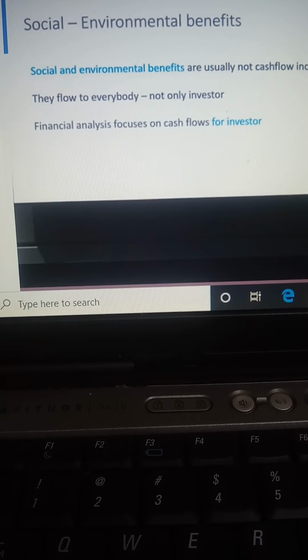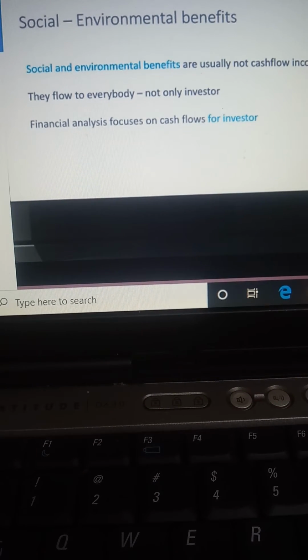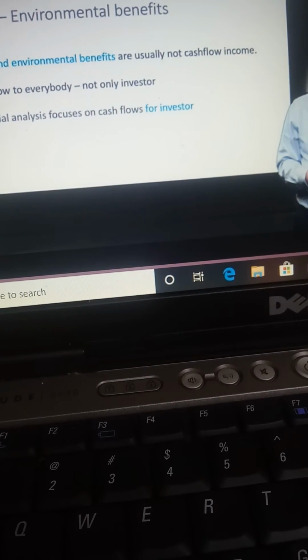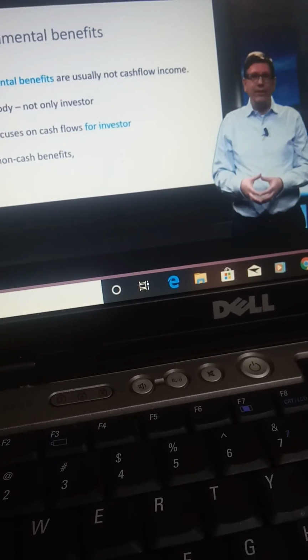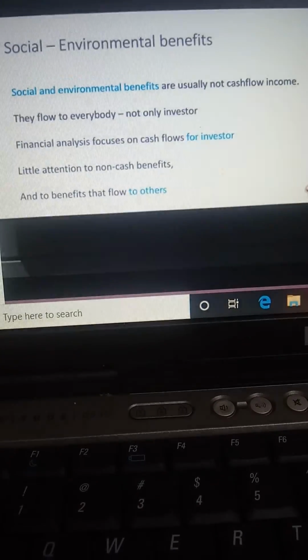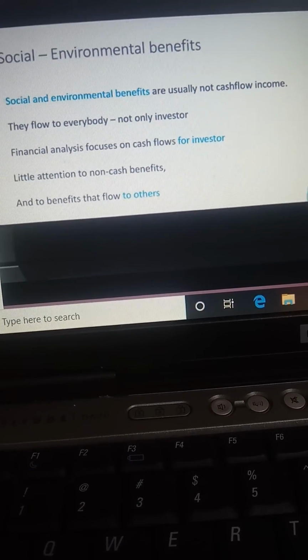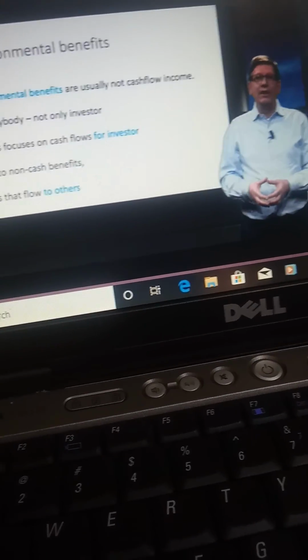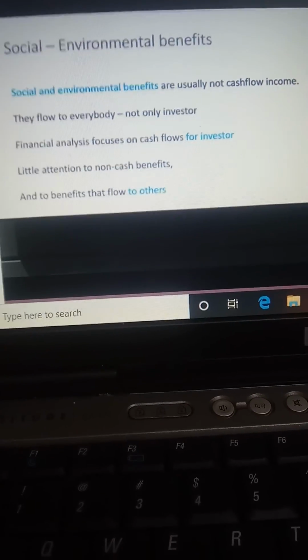The financial analysis system that has been described here provides that these are generally only of secondary importance for a private sector investor. They tend to look primarily at the return they can expect for themselves, not so much at the benefits that flow to everybody. They may think, why would I invest in a road if everybody else can use it for free? That's one reason that we need government to organise such collective matters for us.